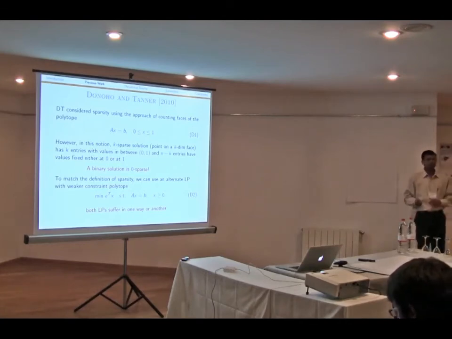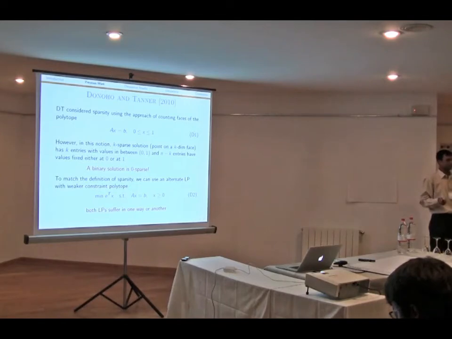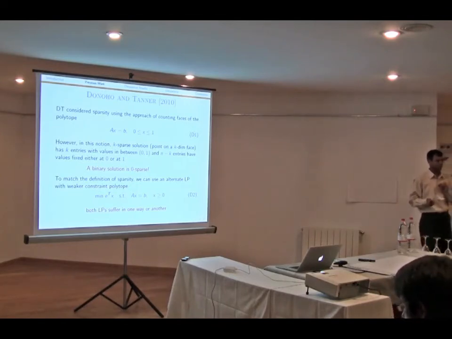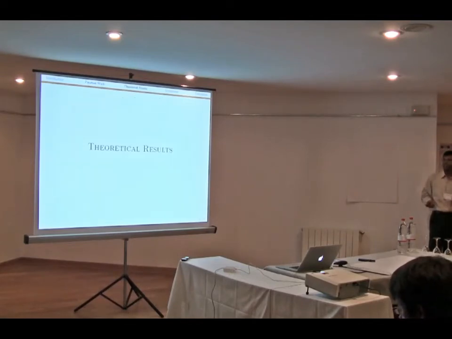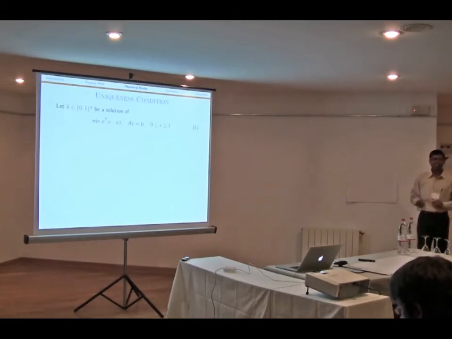So we concentrated on the sparsity being according to our definition, that the number of ones should be k and the number of zeros n minus k, and it should be just that LP that we consider. So now we go to the uniqueness condition for this LP to have a unique solution at a particular point.